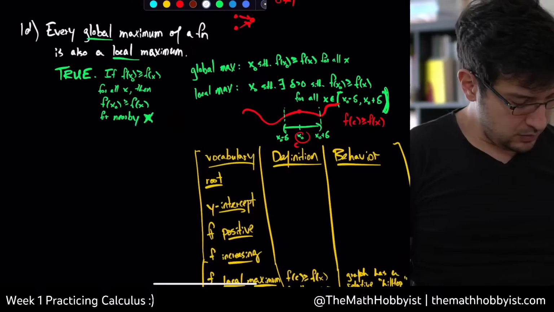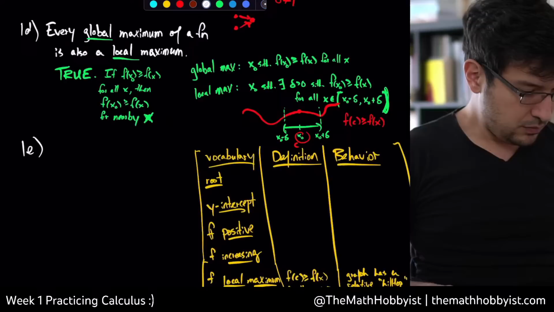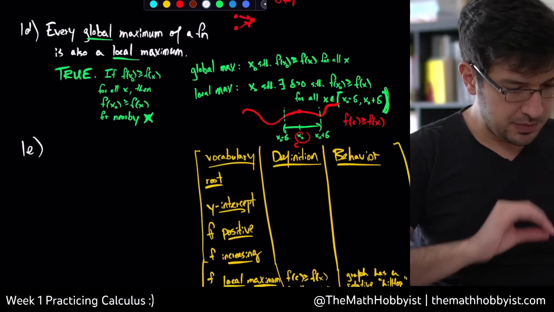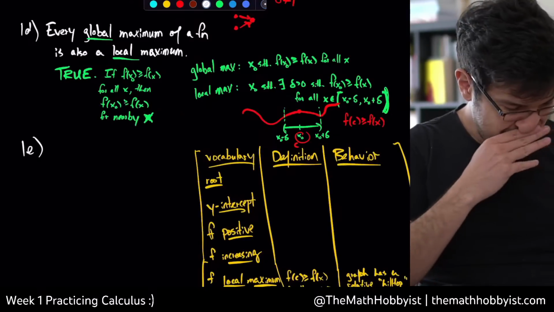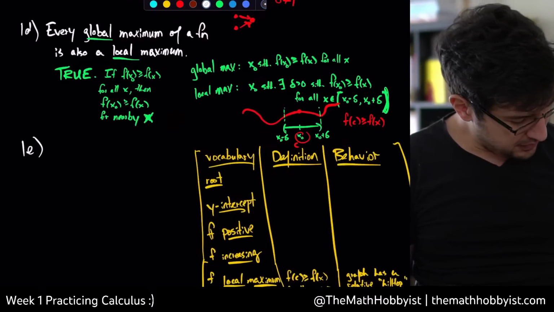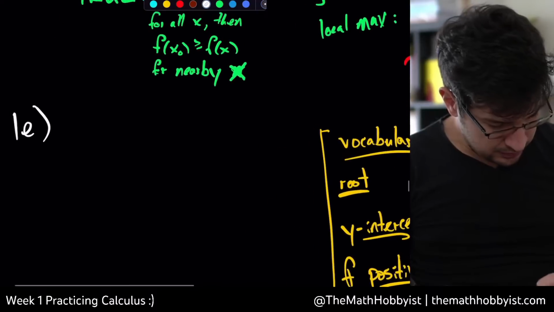Moving on. 1e. Ooh, we got average rate of change coming up too. Neat. Already in section 0 about functions. I wouldn't have expected that, but I like it. Okay.